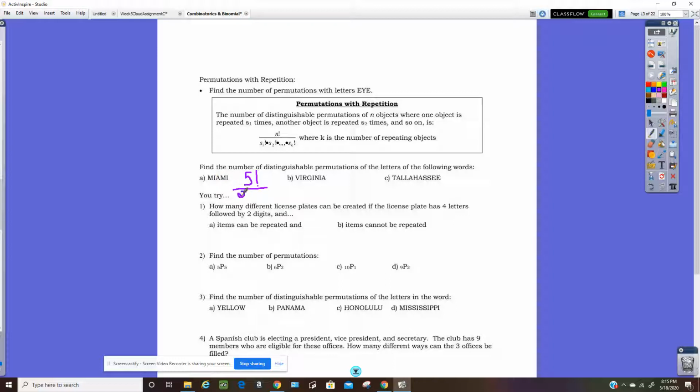So 2 factorial times 2 factorial. And you can just use your calculator for that. But one thing would happen, I would have 5 times 4 times 3, which is 60, divided by 2. So this answer is 30, but I'll show you how to do it on the calculator.